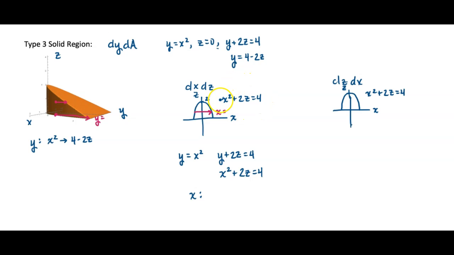Well, I can solve this equation for x to get that x is equal to positive or negative root 4 minus 2z. This is where x is negative, and in the second quadrant, this is where x is positive. We're going from negative root 4 minus 2z to positive root 4 minus 2z. As far as my z values go, I'm just going from 0 to 2.